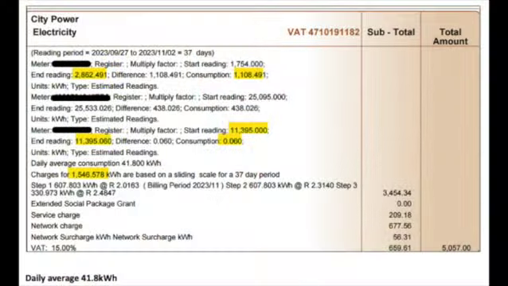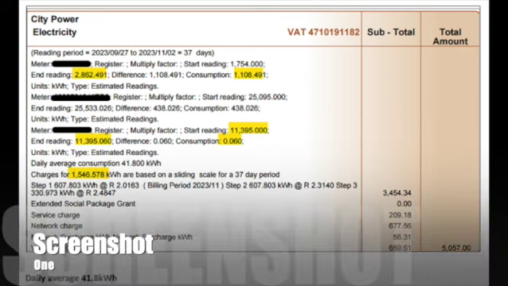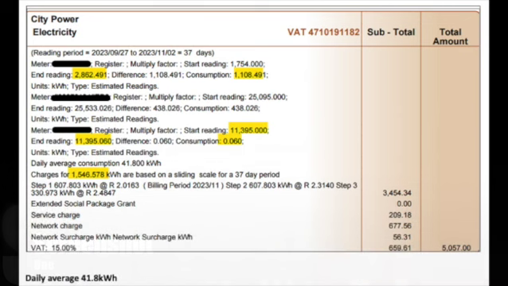So this first screenshot that I will show you has estimated readings on all of them. You'll see the daily average for each of the meters, and the bill is for a total of 5,057 Rand.